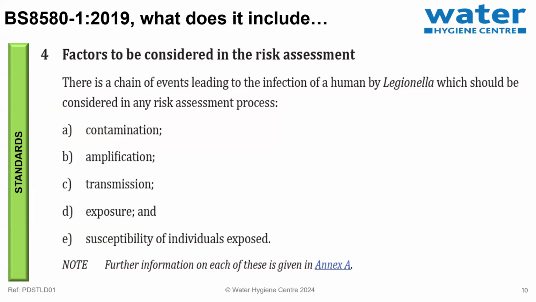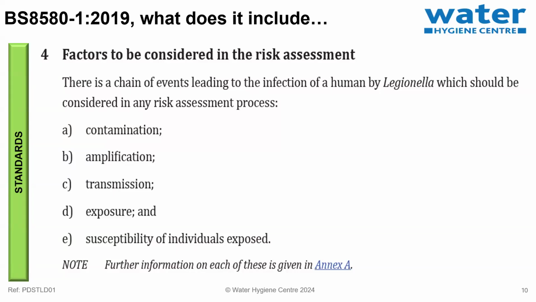Okay, so exposure. We've also got to look at the fact that the closer to the source, the more likelihood of being exposed to atomized water, which is created in, for example, a spa pool. You put your head just above the waterline where the aerosols are being generated. Then from a susceptibility perspective, some people are more susceptible than others, but these need to be considered. So what increases our susceptibility?